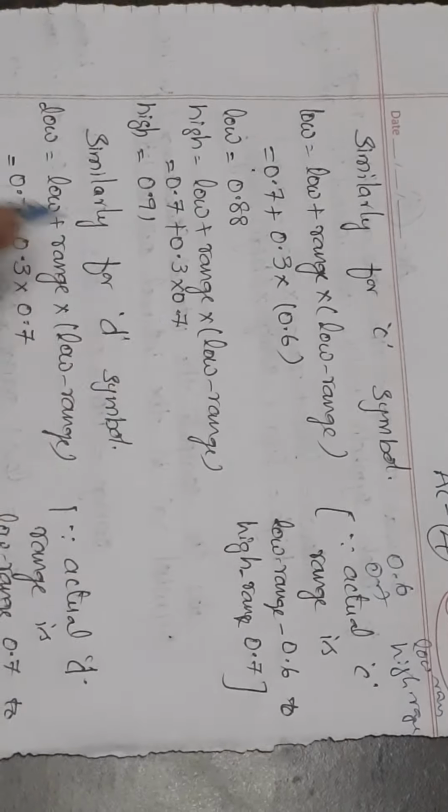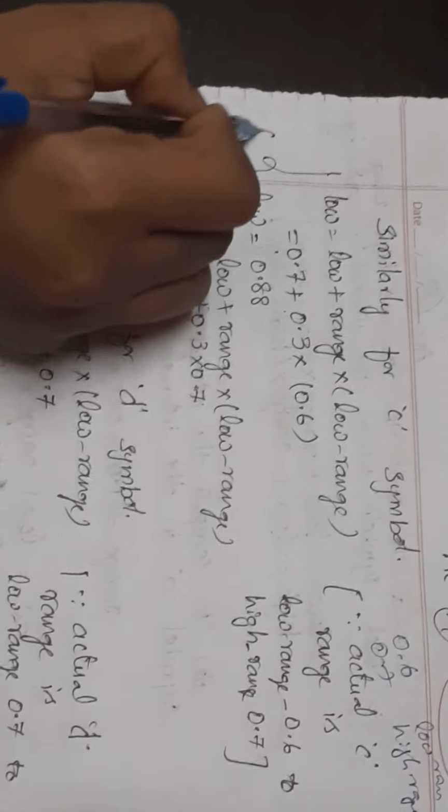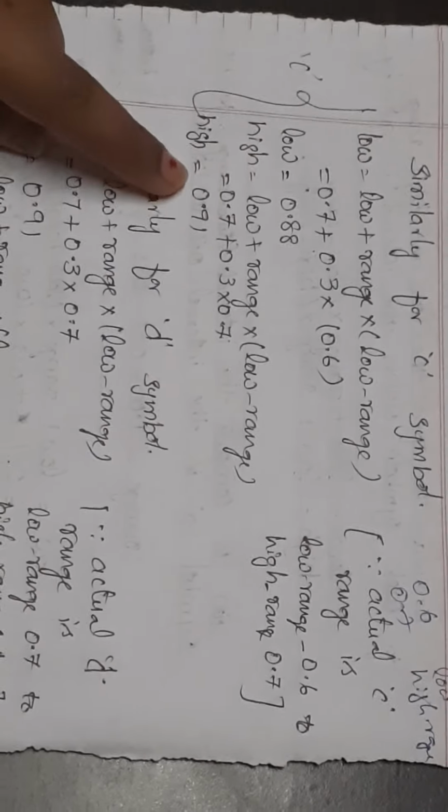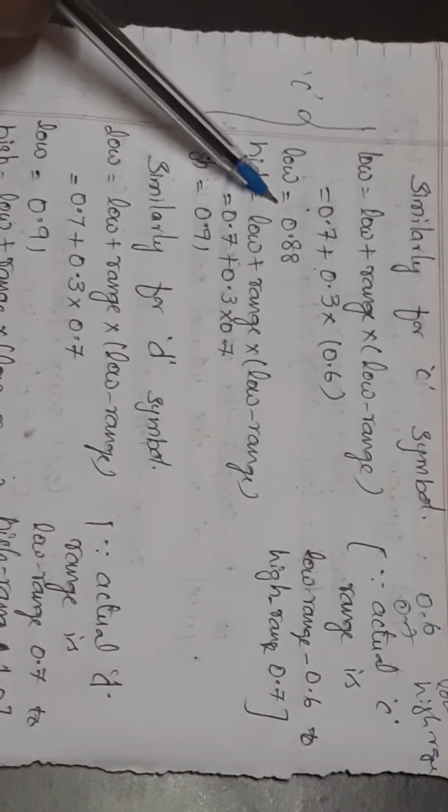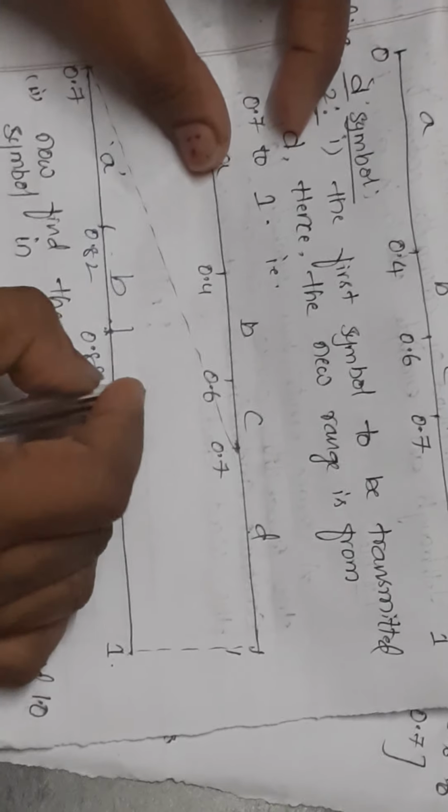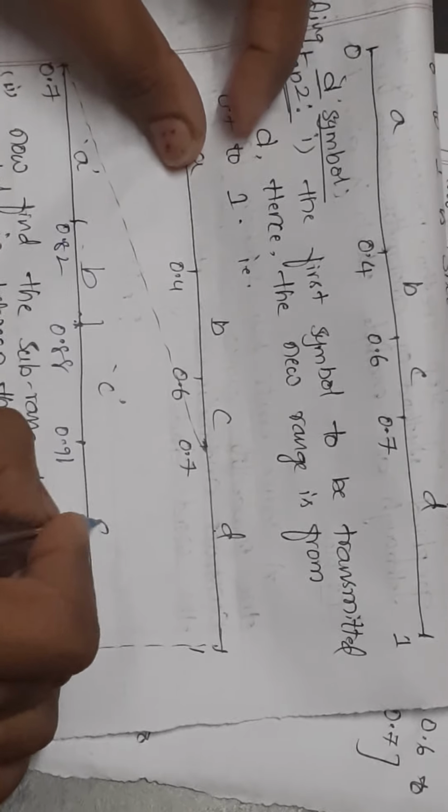Substitute all the values into your low and high equations, then you will get the low interval and high interval for the bit c. You got the low interval as 0.88 and high as 0.91. So 0.88 is your low one and 0.91 is your high interval for the bit c. Then obviously the remaining bit is d.